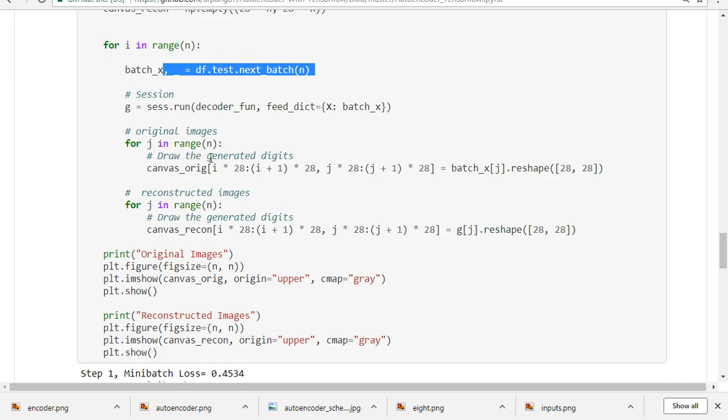And now your original images you are reshaping as batch X, reshaping to 28 by 28, because we had 784 dimensionality, so we need to convert into 28 by 28 in order to see the images.